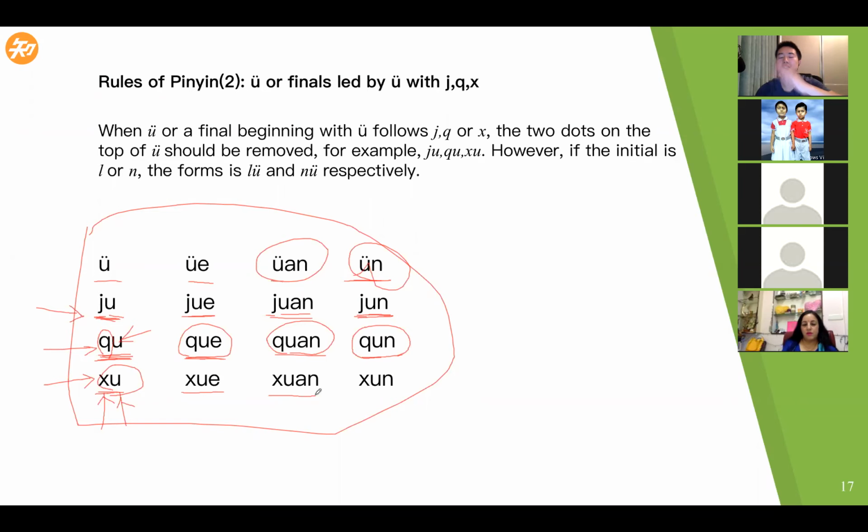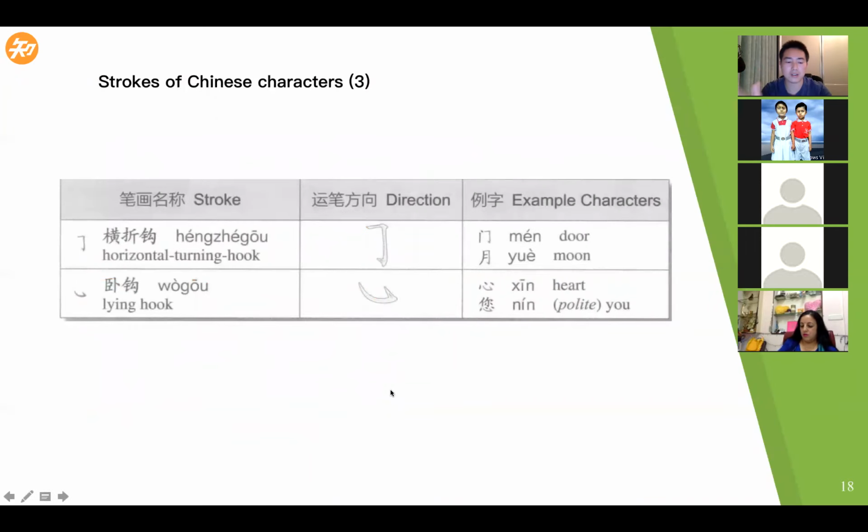Yes, xi, yuan, xuan. Now the next one. Yes, xi, yun, xun. Okay, now all of you together, read after me. Xu, xu, xue, que, xuan, xun.